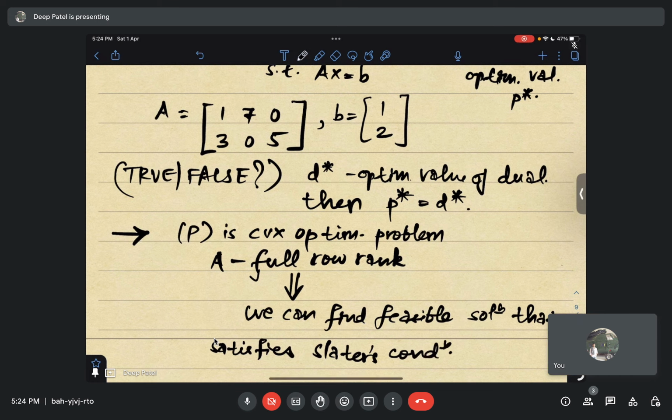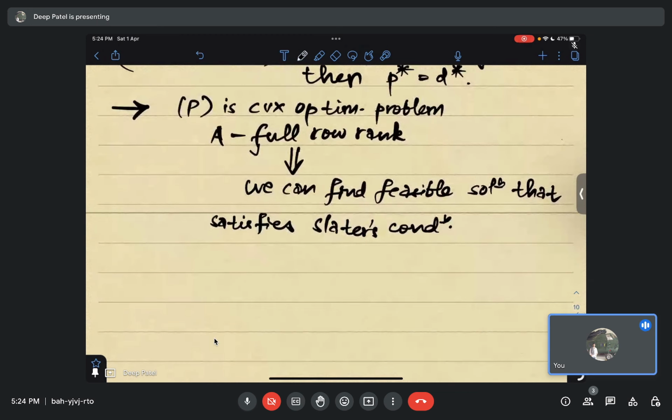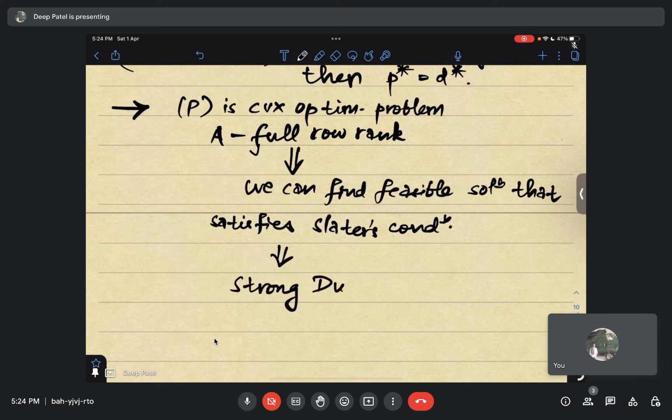Yeah. I think this is the one condition. I did not write that out in my solution notebook. That's why. Yeah. Get it. So what can we say as a consequence of this? Strong duality. Yeah, strong duality.